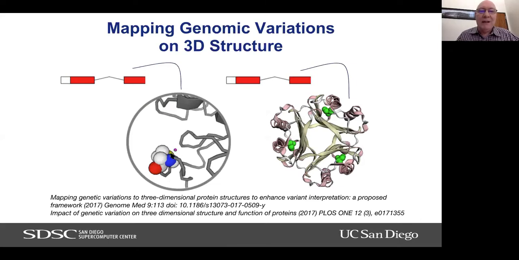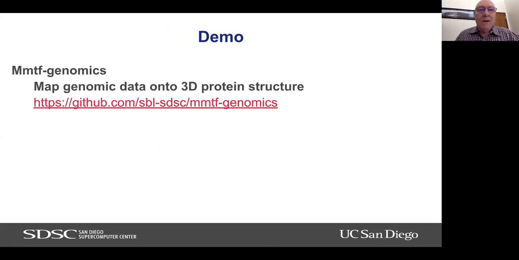So this probably has some effect on protein function. Here's another mutation. This is a protein trimer. And if you make this modification, this trimer will, for example, not form. So looking at 3D structures, we can get some additional information that you cannot get from a genome or protein sequence. Okay, so let's start with a demo here.